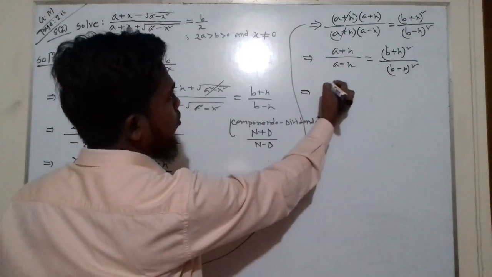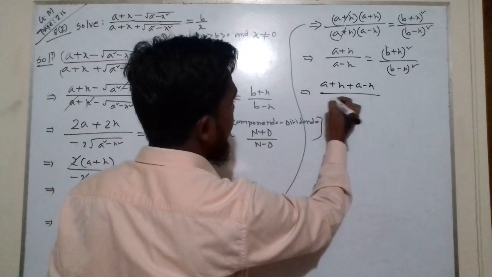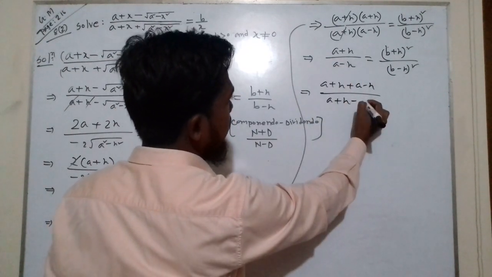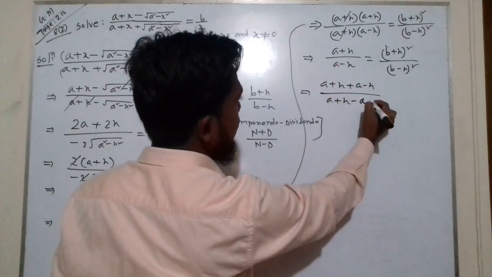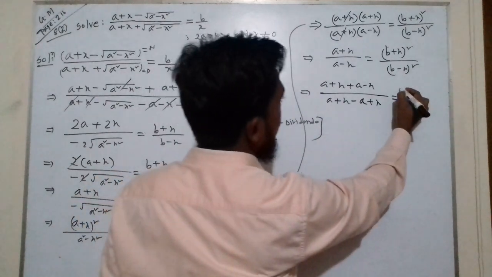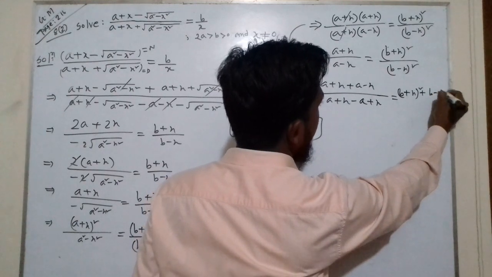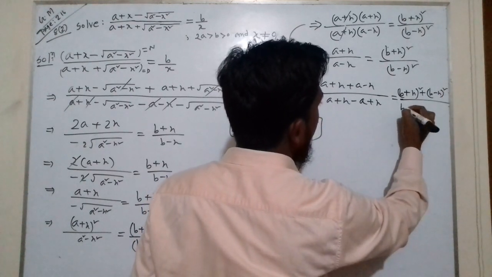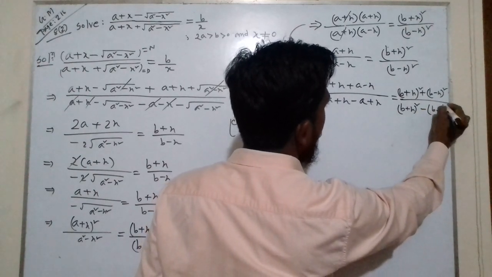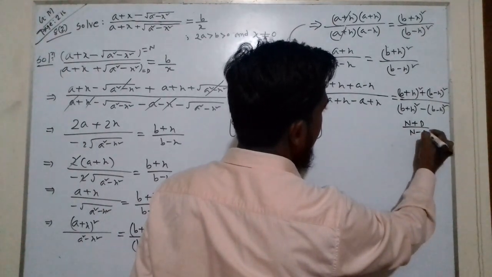So we can write a plus x plus a minus x divided by a plus x minus a minus x. Minus and plus is minus, and minus and minus is plus. Equal to b plus x whole square plus b minus x whole square divided by b plus x whole square minus b minus x whole square. Numerator plus denominator divided by numerator minus denominator.